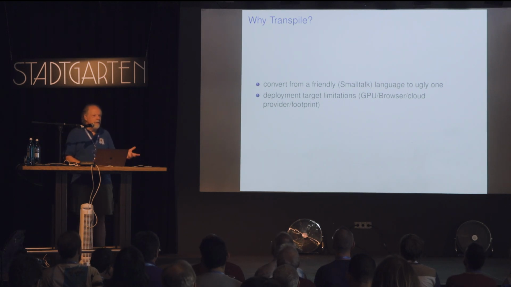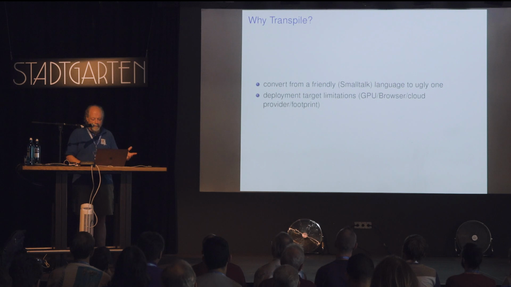So it's a GPU and it doesn't support a Smalltalk interpreter, or it's a browser and only supports JavaScript, or it's a cloud provider that only supports, choose a platform, or because of footprint issues. We don't want to ship even a 30 megabyte image onto an embedded device, for example. So there's various reasons why we might want to transpile to some other language.